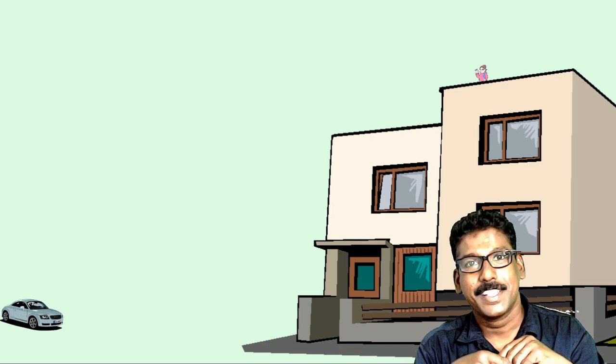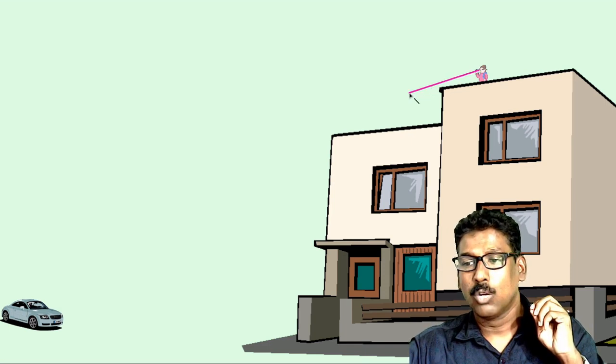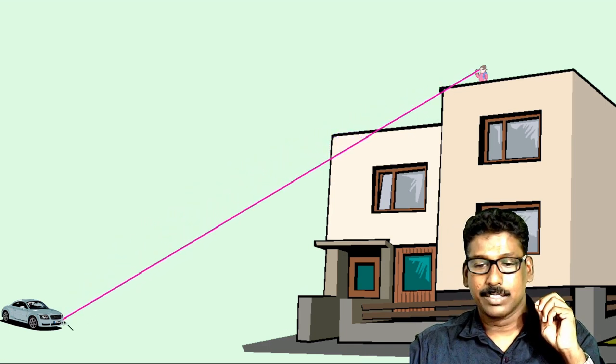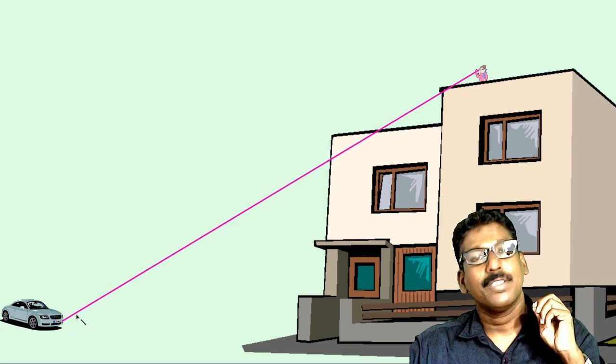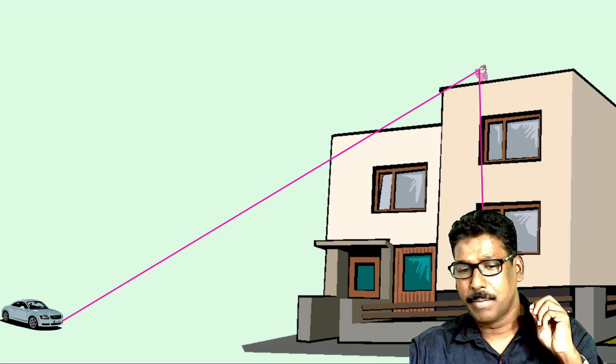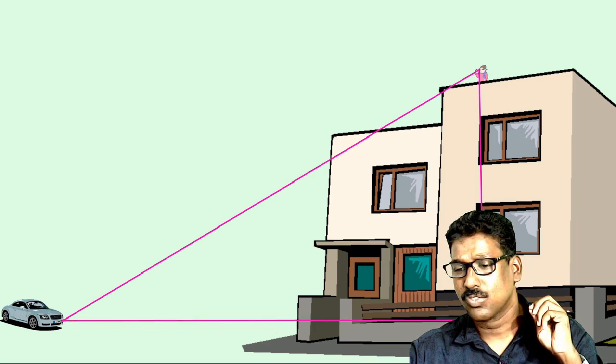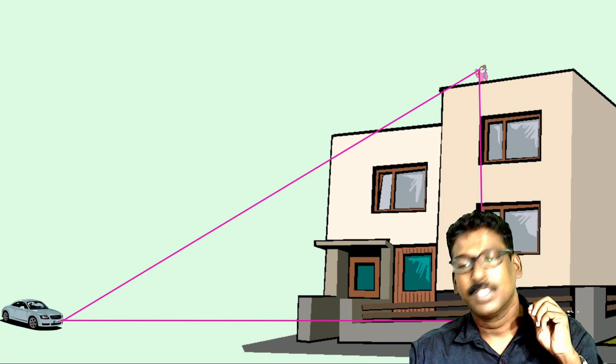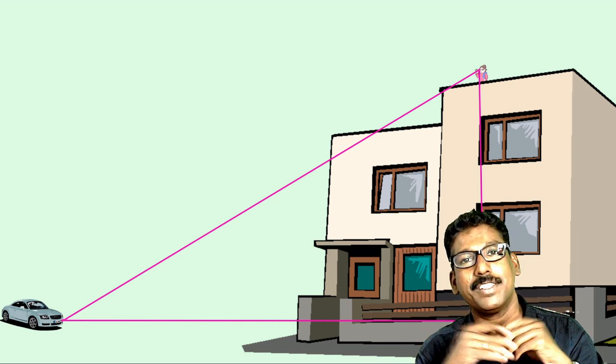Let us try it. Here you are looking at the car. Now let the height be another line segment you can make, and this car is moving towards your house. Here also you can find a right angled triangle.